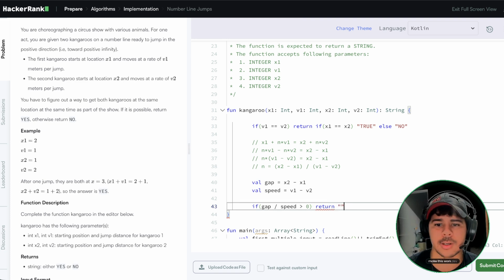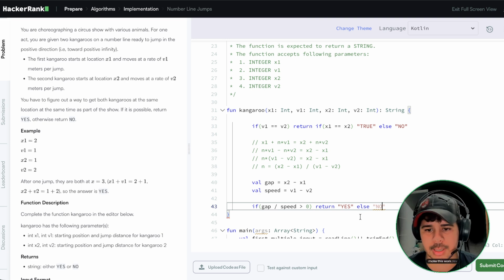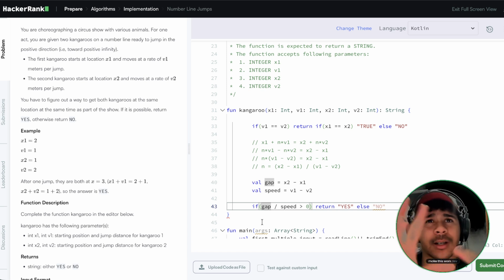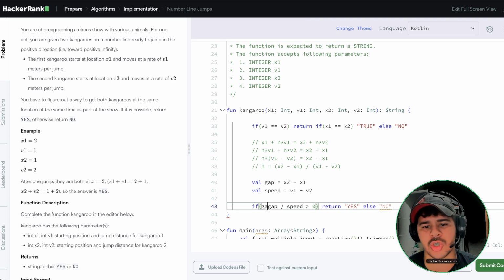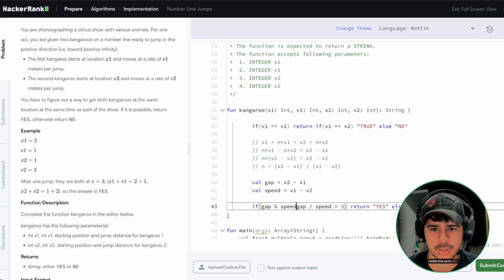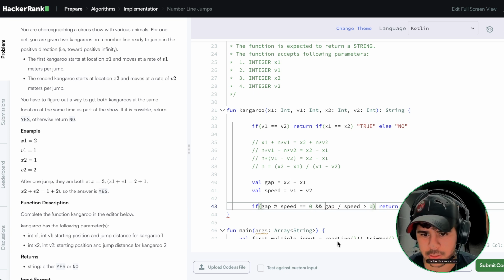No, sorry, you're going to return yes, and else we're going to return no. But we have another thing to do here, which is to check if they are divisible. So for example, if they are divisible by the same number. A way that you can do this is to check if the gap modulo speed is equal to 0. So you can just put it here like this.